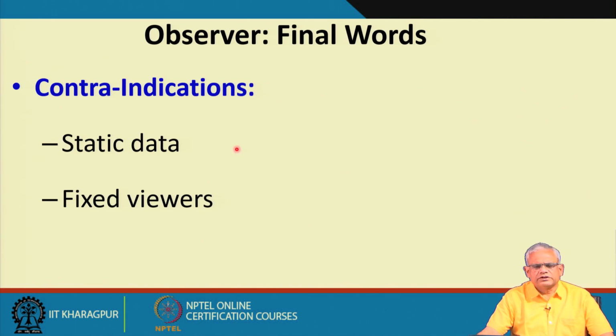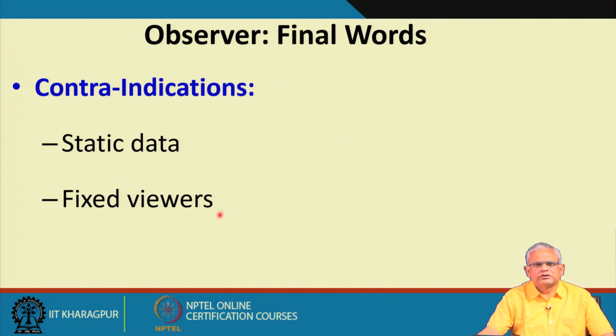We should not use the observer pattern when the model does not change, the data is static, and therefore, if we implement the observer pattern in a situation where the model does not change, it is unnecessary, makes the implementation unnecessarily complicated, and should be avoided.